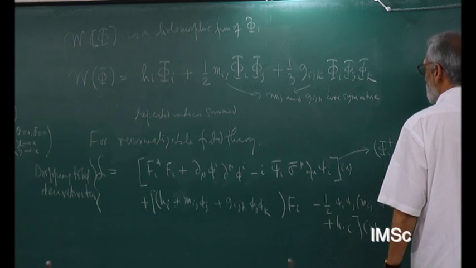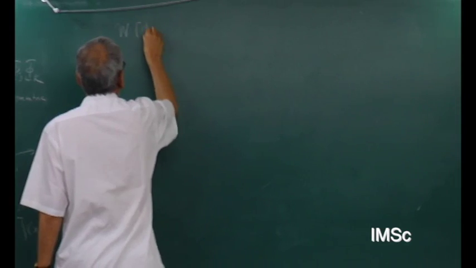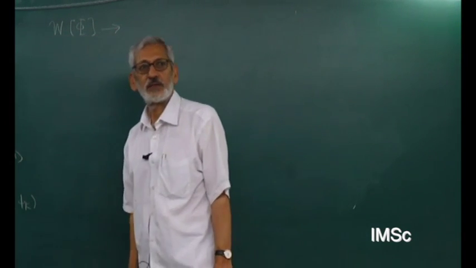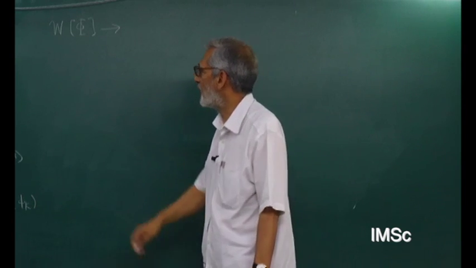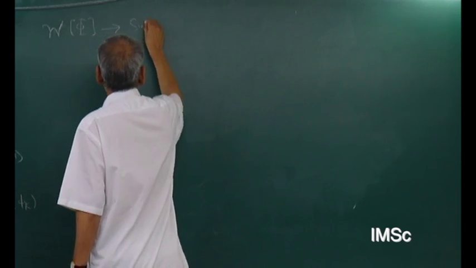Now let me introduce some symbols. We had W of phi. There's a name given to this, maybe I didn't mention this. This curly W of phi is the superpotential.